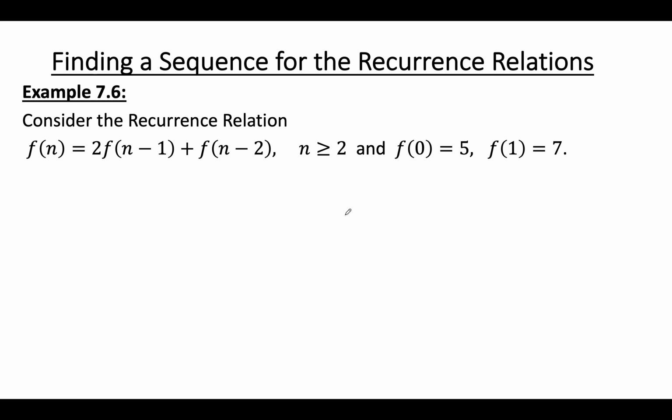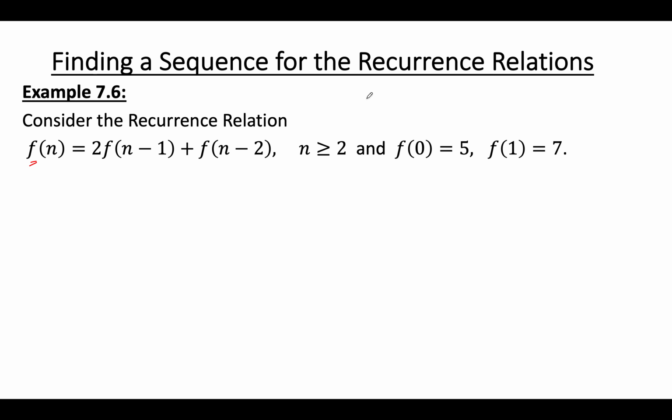Okay, now let's move to the second part of our session, and we're still in lecture 7. We can have the recurrence relation, and from the recurrence relation we can create this sequence. We usually write the recurrence relation as a function. So for example here, f(n) = 2f(n-1) + f(n-2) for all n greater than or equal to 2, and here we have f(0) = 5 and f(1) = 7.